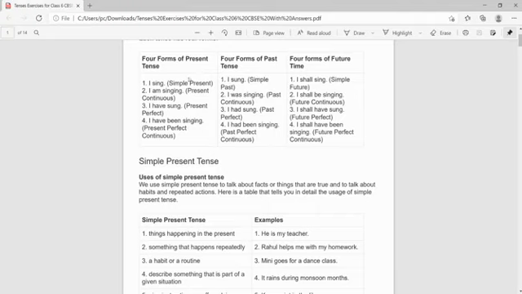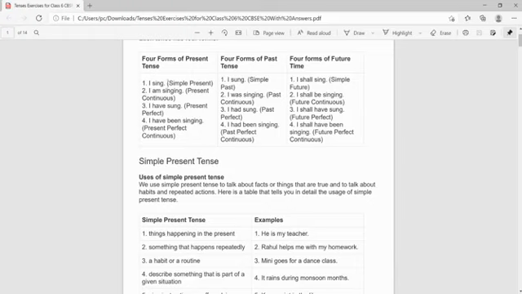If you talk about present tense, you have 4 forms: simple present, present continuous, present perfect, present perfect continuous. I repeat again, in each tense, it might be present, past, or future, you will have 4 forms, 4 styles, 4 categories.